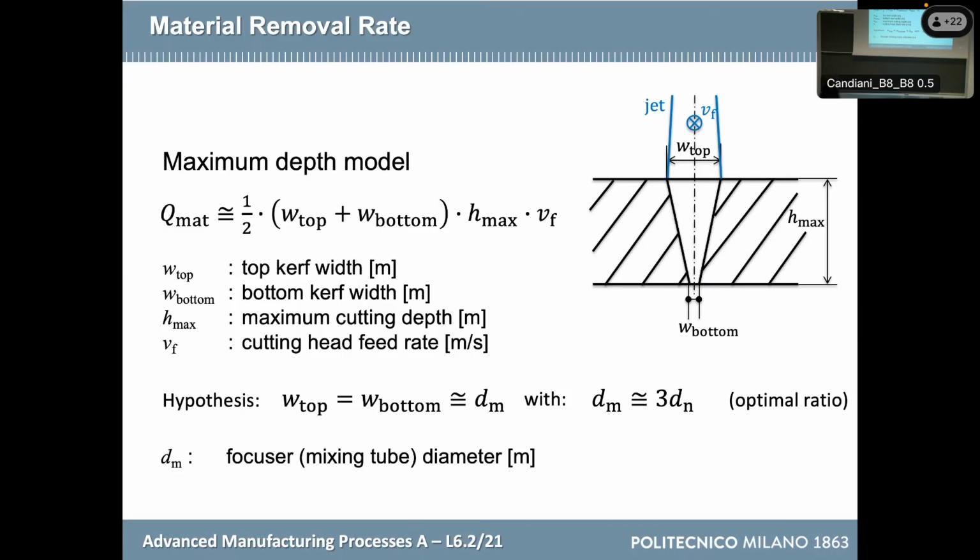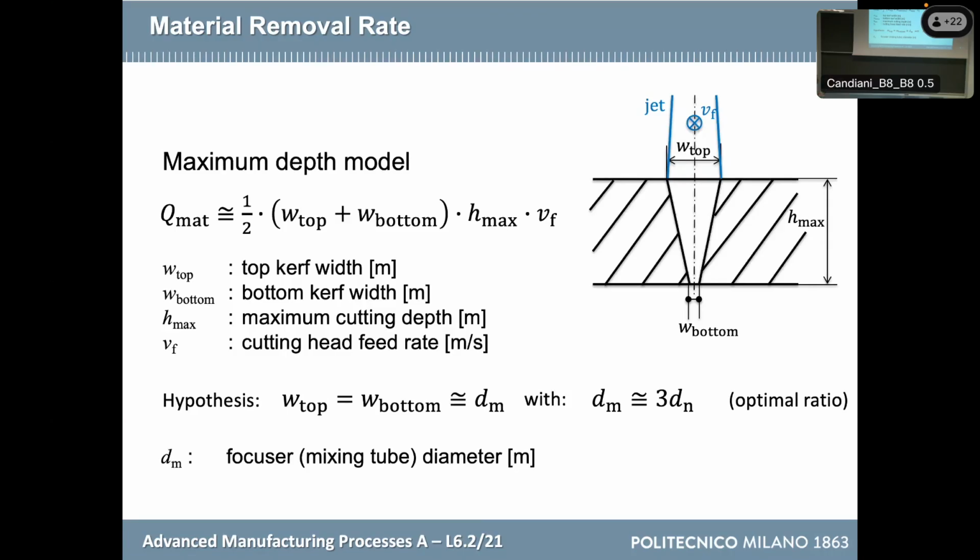And then we say also another information that we will find again in the next lecture. And this is the fact that there is an optimal ratio between the diameter of the focuser and the diameter of the orifice, in order to better distribute the grains of the abrasive.